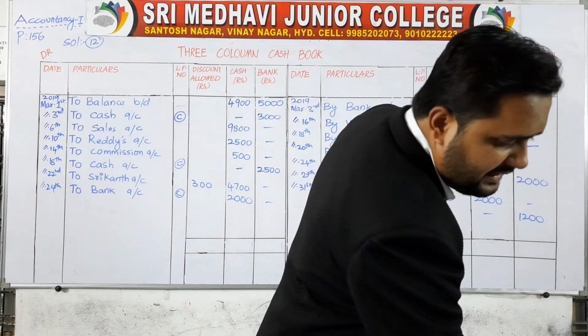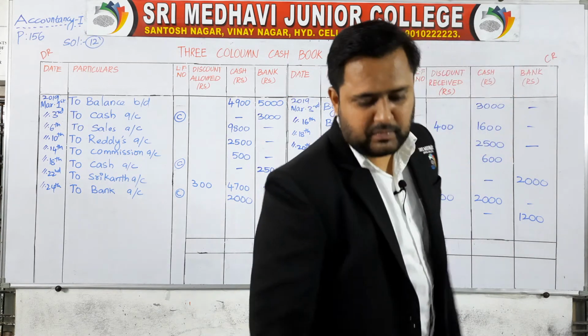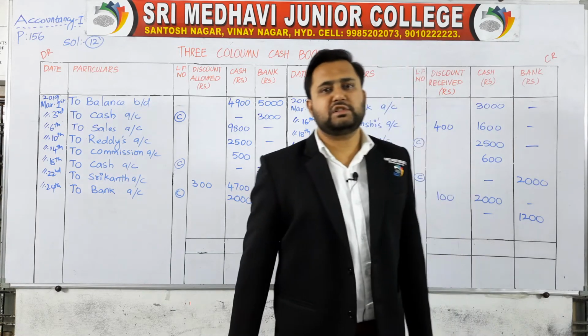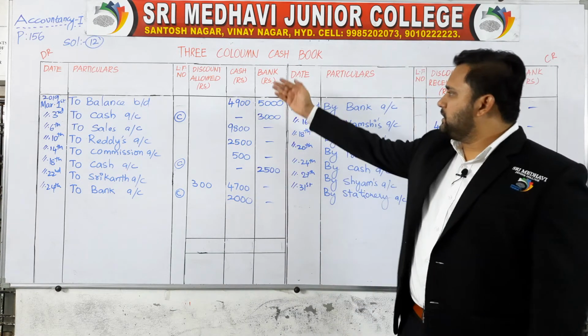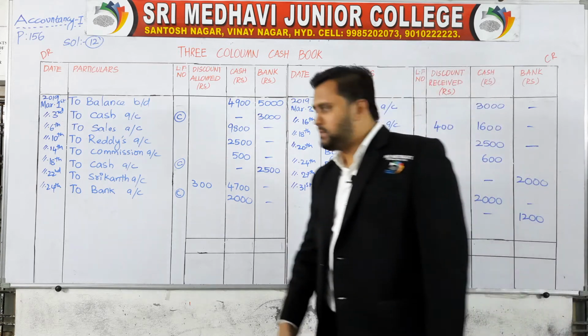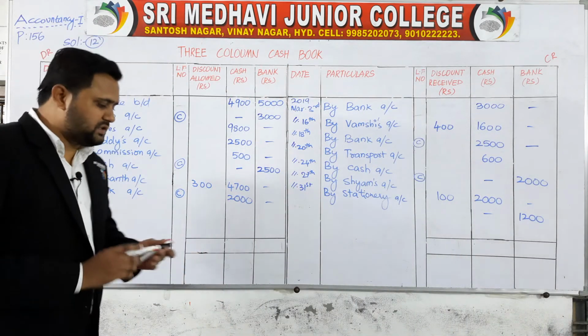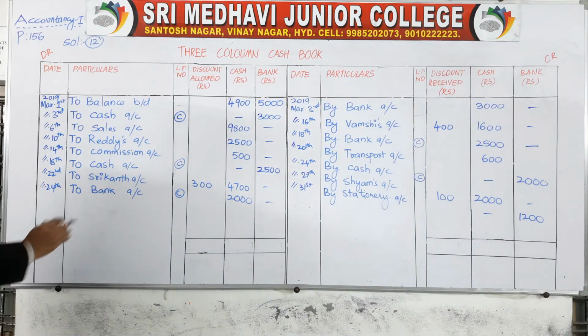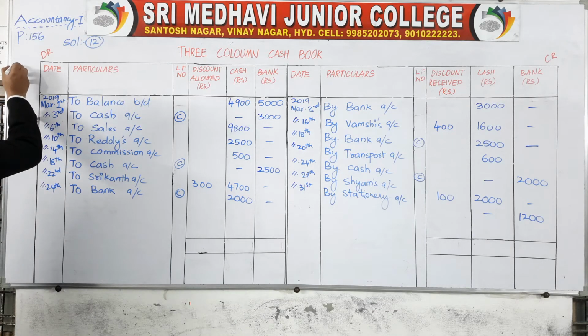Now let's see the calculations. After writing all the transactions, let's start the calculation. Debit side cash, how much? Let's see in the working notes. Here I am doing it for you. This is debit side cash.